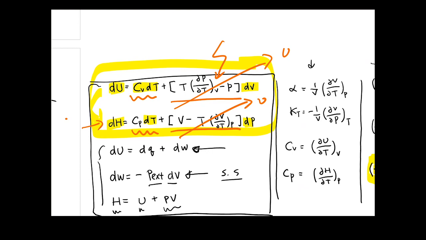So with that being said, if you have an ideal gas and you want to calculate your dU or your dH, it will simply become Cv dT or Cp dT. What you need to figure out is the temperature change based on the given conditions.